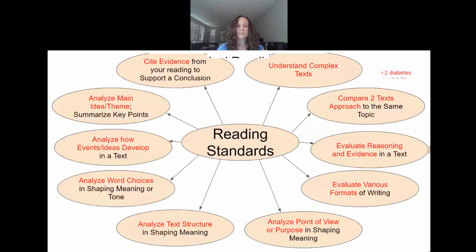Okay, here we go. Analyze text structure in shaping meaning. So this just means that authors also sometimes use the way that they structure their writing to help with the meaning.